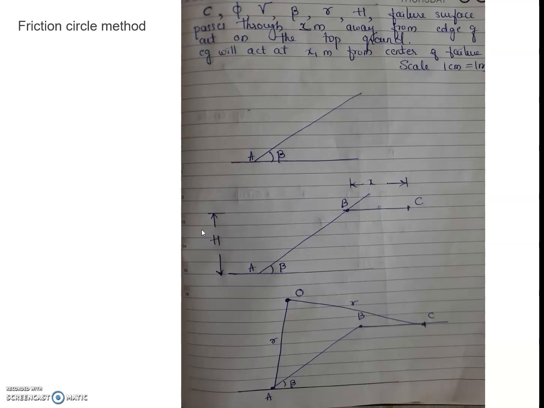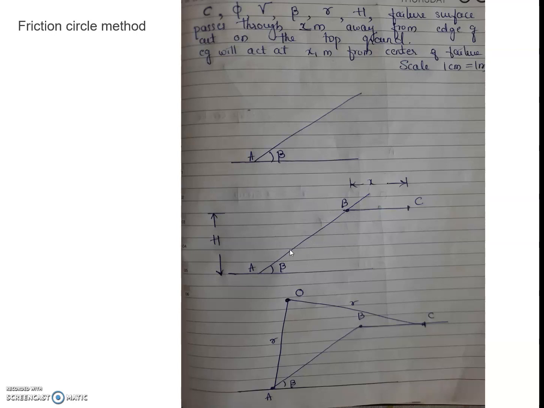Later on, we will mark the depth of the cut, that is H, using the scale 1 centimeter equal to 1 meter. Let us say in the problem the depth of the cut is 6 meter. Then on graph, H will be 6 centimeter. So at H equal to 6 centimeter, mark point B on this slope which we have drawn at angle beta.